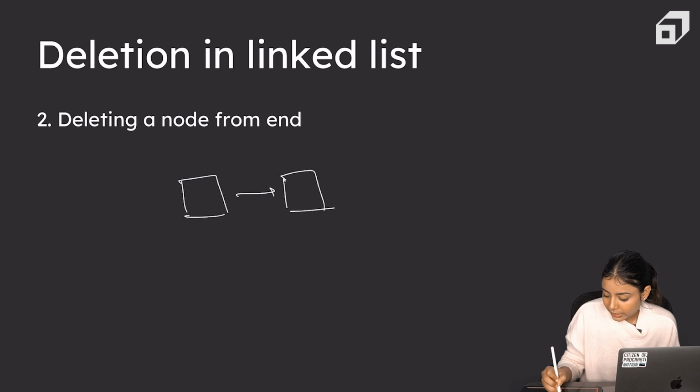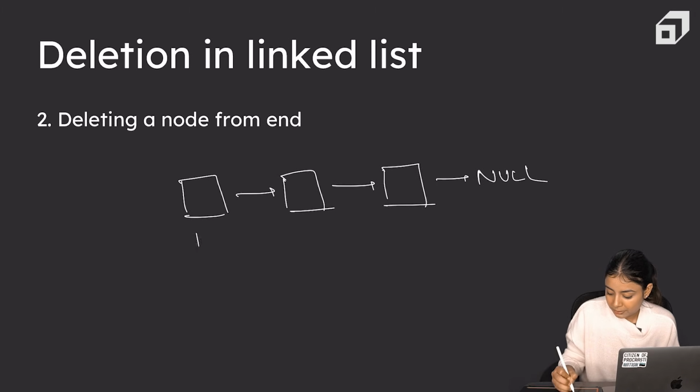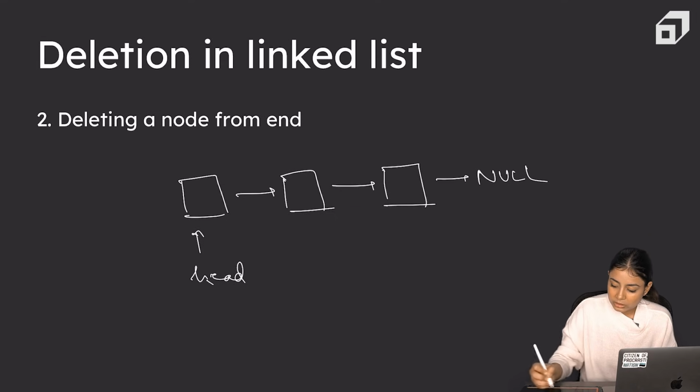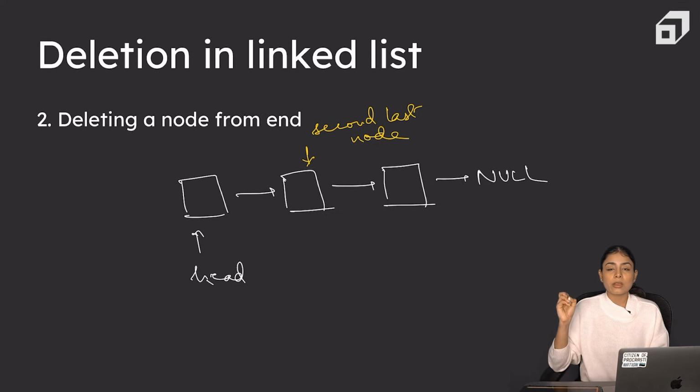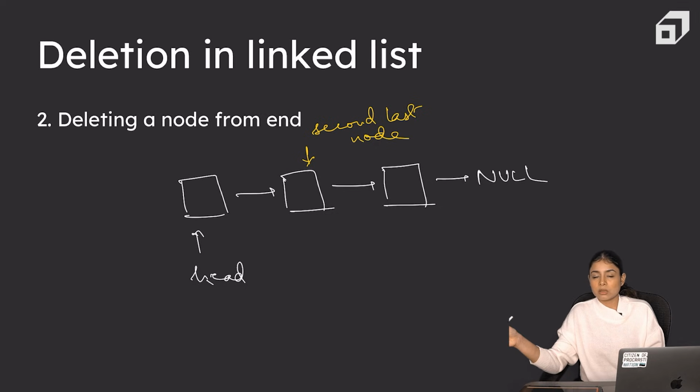Again, here to delete the element from the end, the last node basically, I'll need access to the second last node, this node. Okay, this is my second last node. So using a temp pointer, I'll keep traversing my linked list until I find the second last node.